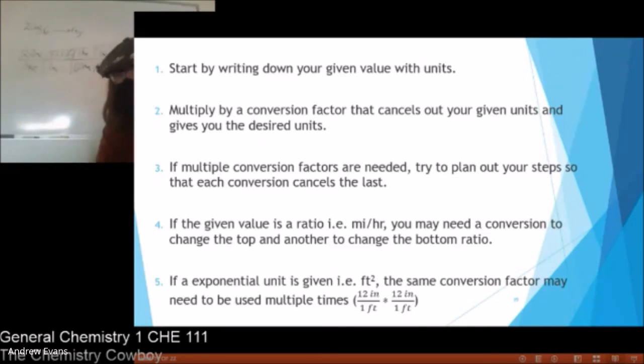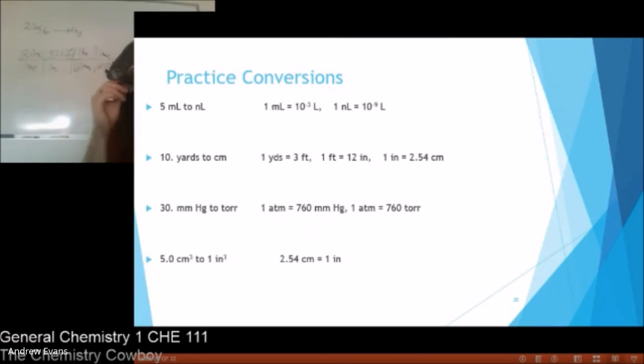We cannot get there without the idea of we're canceling out one unit and getting another unit as a result. So, do a few more practice problems, and that should be just about the end of this chapter.